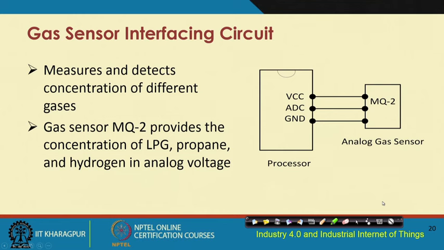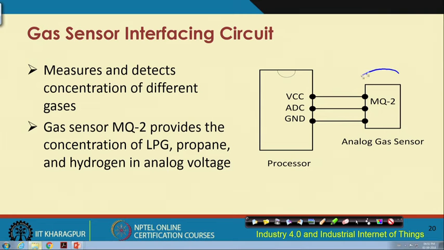Then we have another sensor which is also very common for industrial use, the gas sensor, and there are different variants of gas sensor. The MQ2 is a very commonly used gas sensor for industrial applications. It is an analog gas sensor. Here we have only 3 pins.